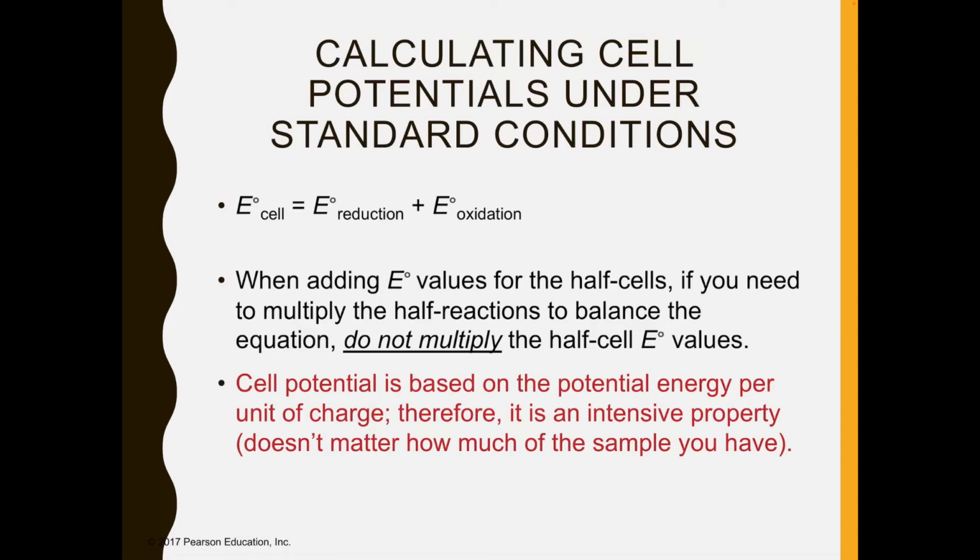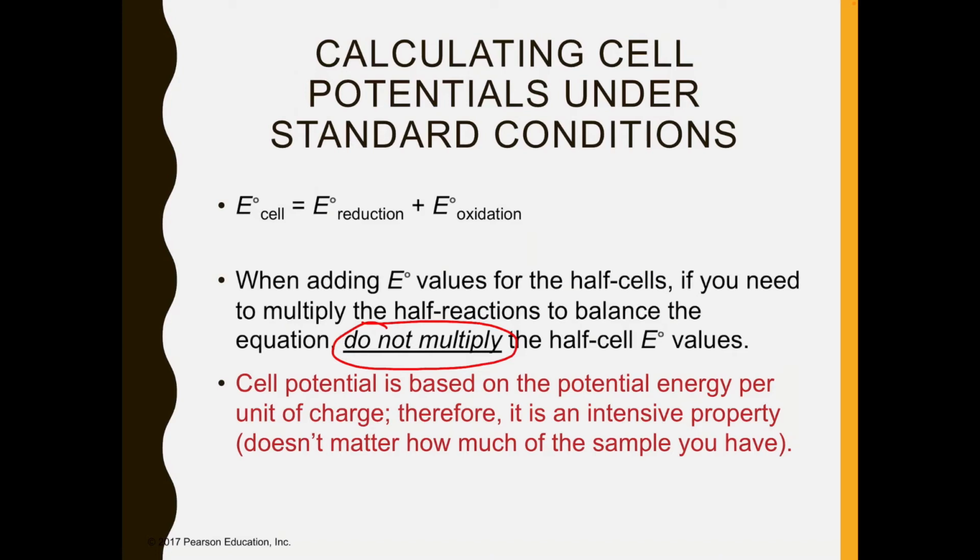If you need to multiply the half reactions in order to balance your equation, do not multiply the E naught values, okay? The E naught values are going to get added together just the way they are. You're not going to multiply them by 2, you're not going to multiply them by 3, you're not going to do anything to them. The only thing you can do to your E naught values is either make them positive or negative, and then add them together.